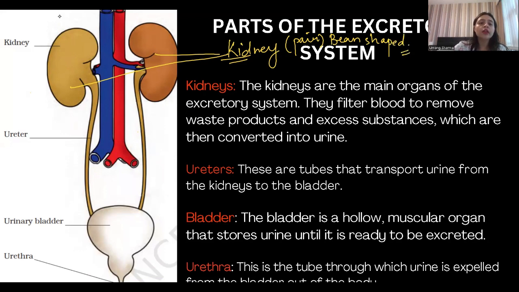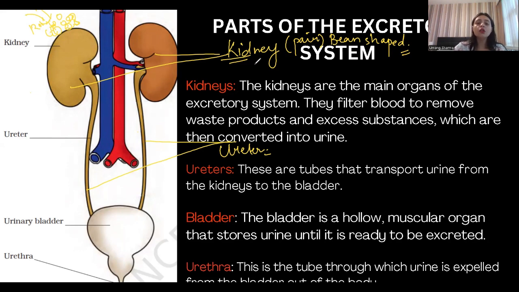Here all the waste materials brought by the blood cells, transported by the RBCs, get accumulated. Now, as you can see here, this is the ureter. These tubes transport all the urine from the kidneys to the bladder.